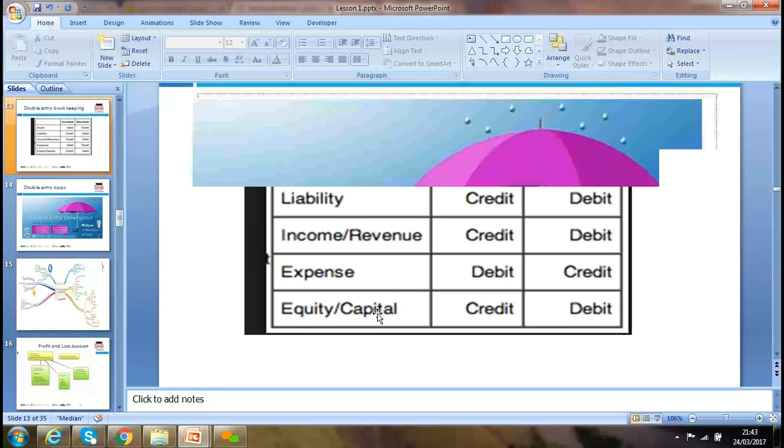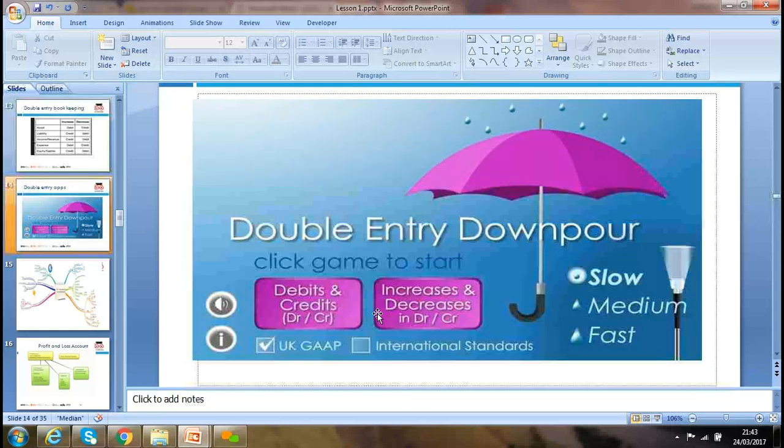Next, to play the game, if you have any Android phone or online, there is a game called Double Entry Downpour. You can download it on your mobile and play, or you can play online.